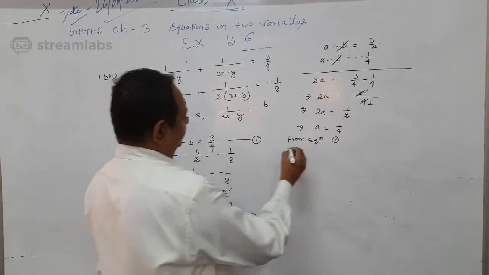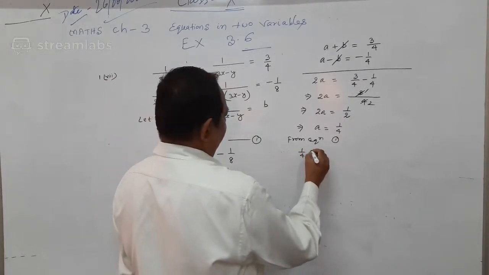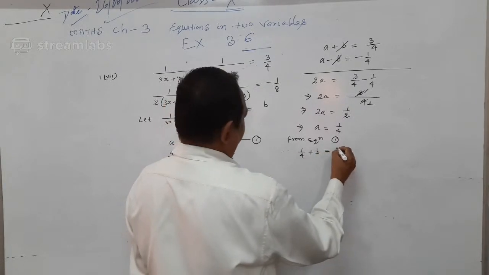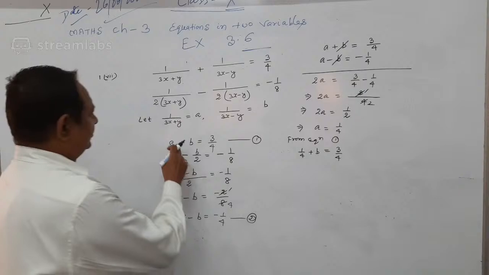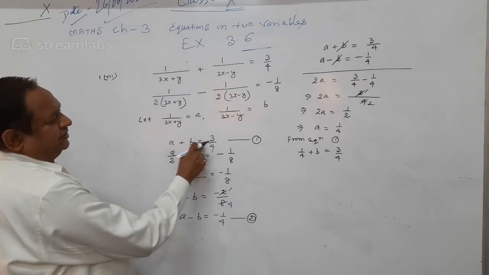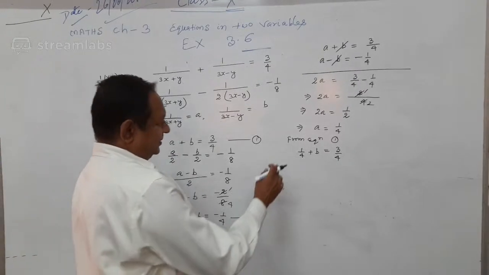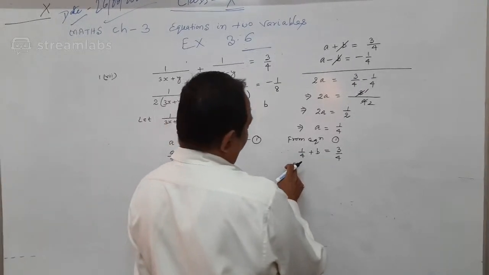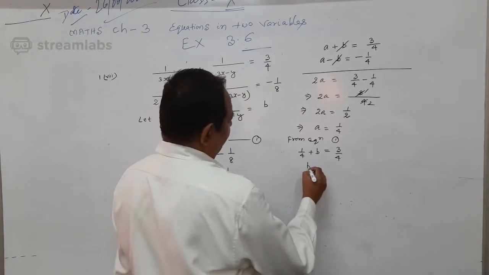a plus b is equal to, a means 1 by 4 plus b is equal to 3 by 4. In place of a, the value of a is 1 by 4. Transfer this 1 by 4 from LHS to RHS, there will be change in sign.